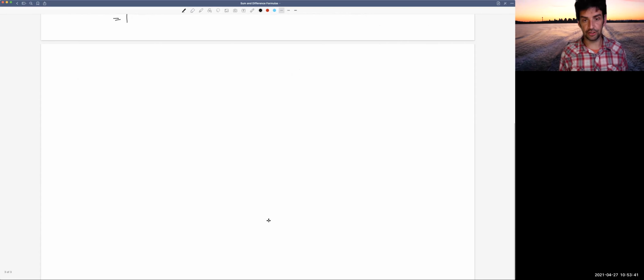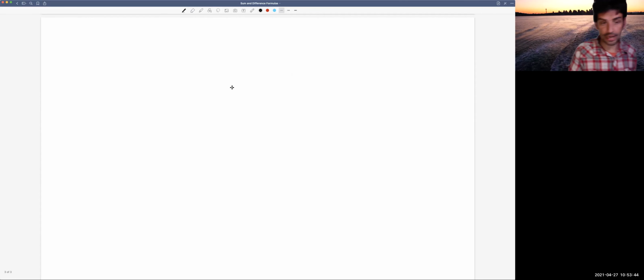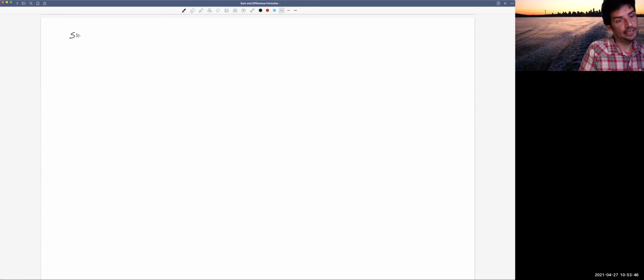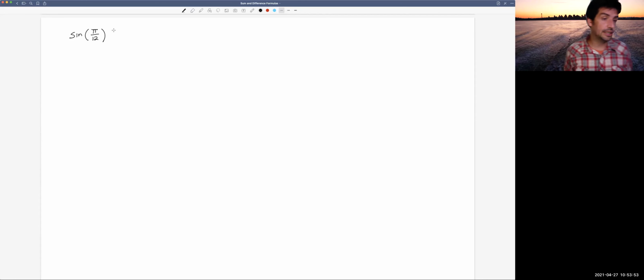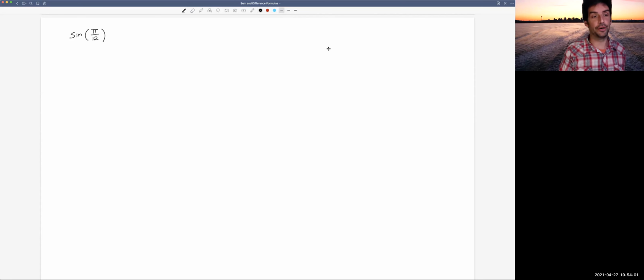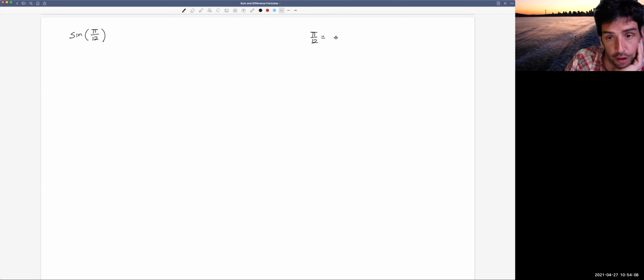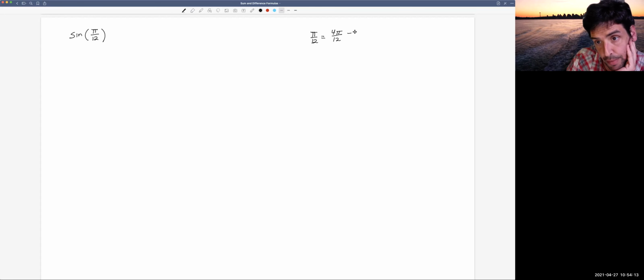All right, let's do a more interesting example. Let's look at the sine of pi over 12. This doesn't look like it's a sum or a difference, but what we might notice if we wanted to compute this is that I can think of pi over 12 as 4 pi over 12 minus 3 pi over 12.